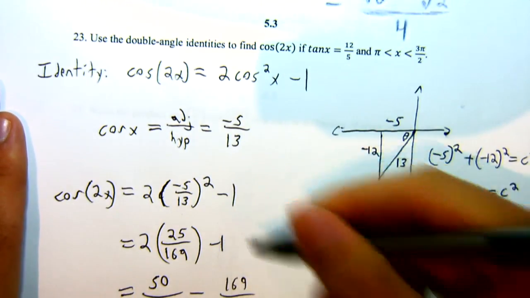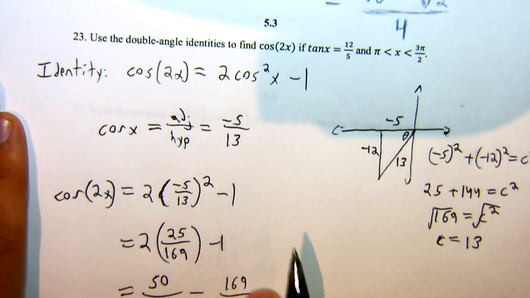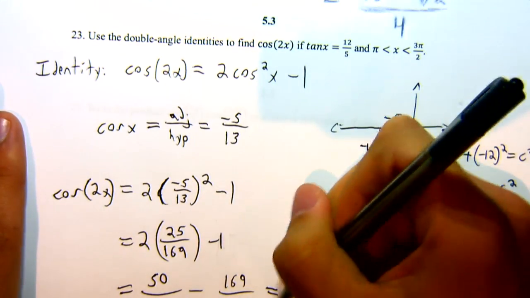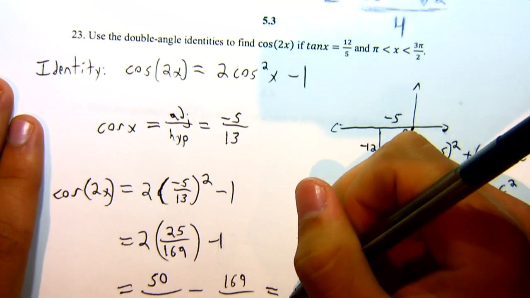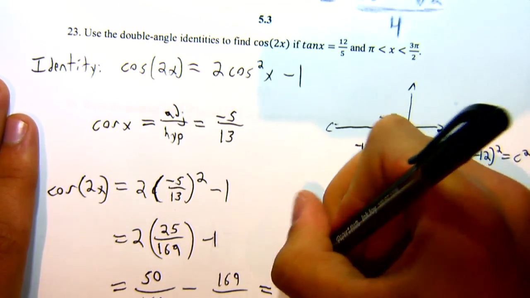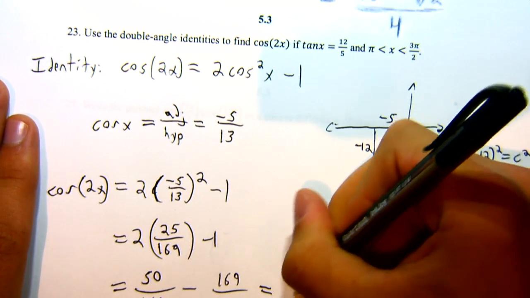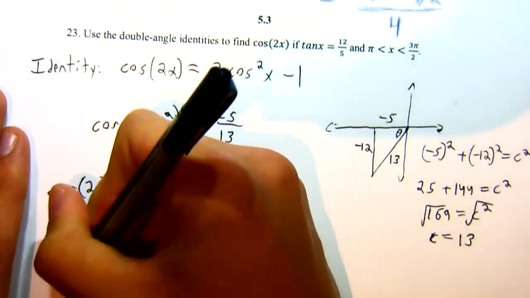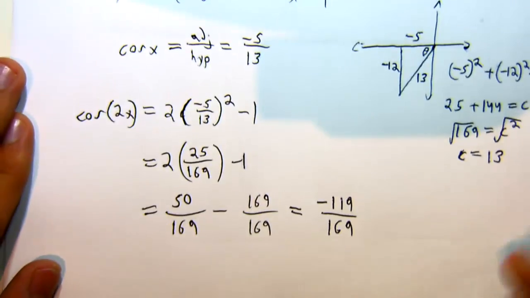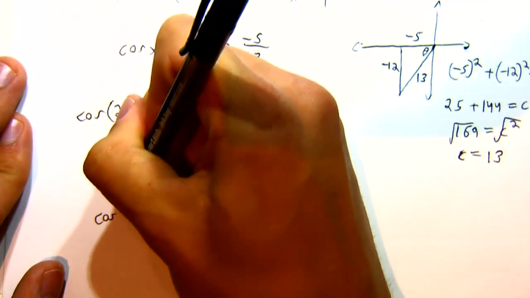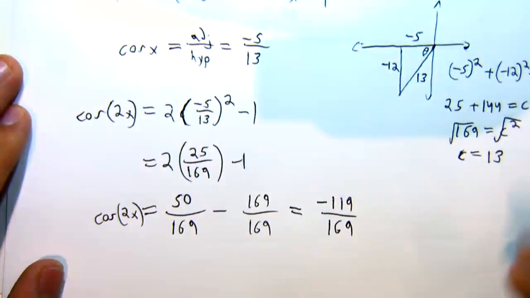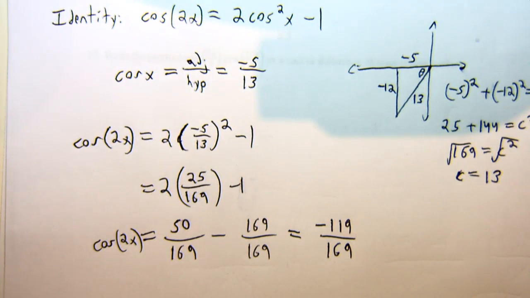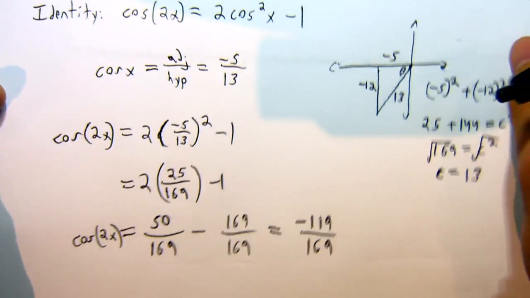And I simply just converted 1 to 169 over 169 to have a common denominator. And this ends up giving us negative 119 over 169. Alright. Any questions there?